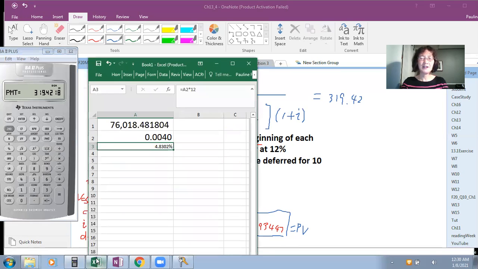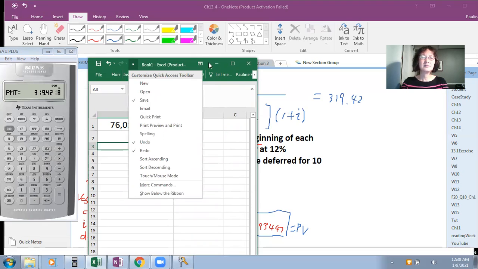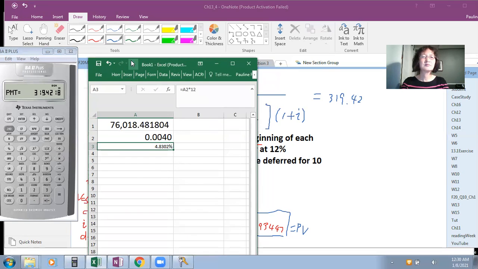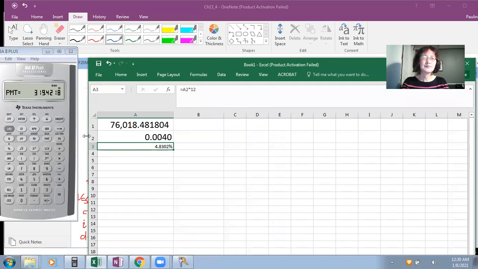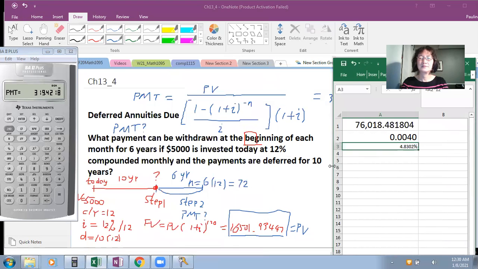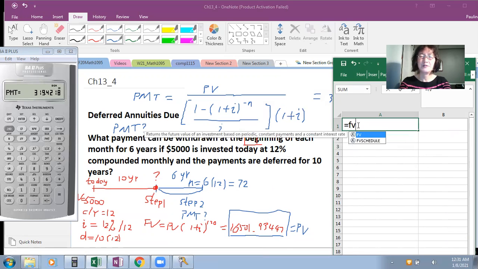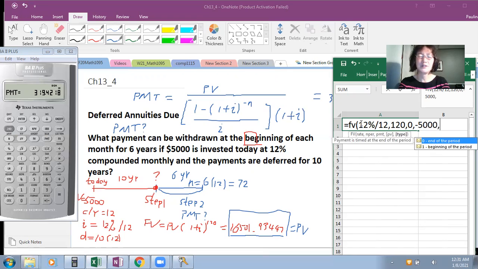Last method, you can use Excel. So for Excel, you do step 1, future value of 5,000 after 10 years, so equal FV, rate 12% compounded monthly, NPER, which is 120, this is for 10 years, PMT 0, PV negative 5,000, type is 1.